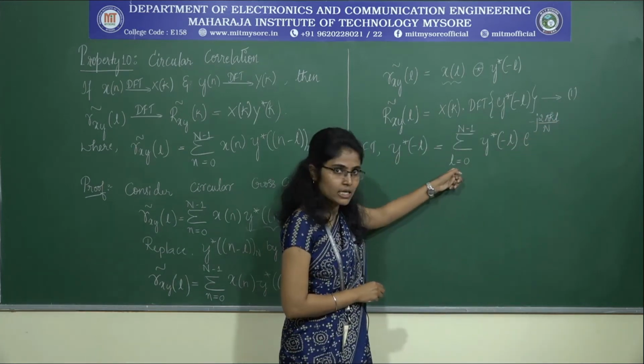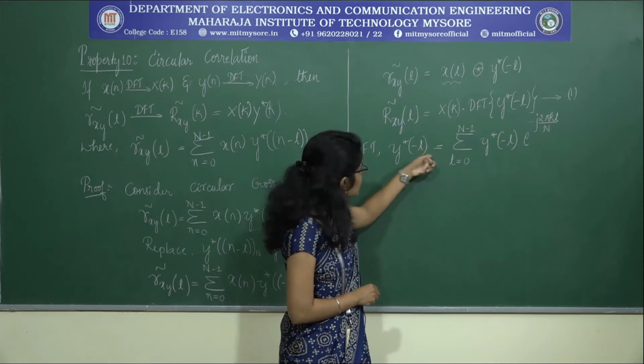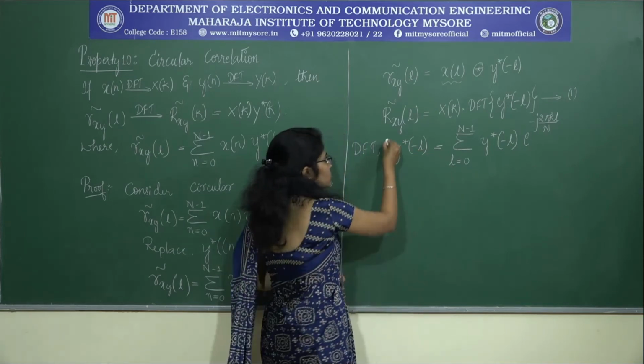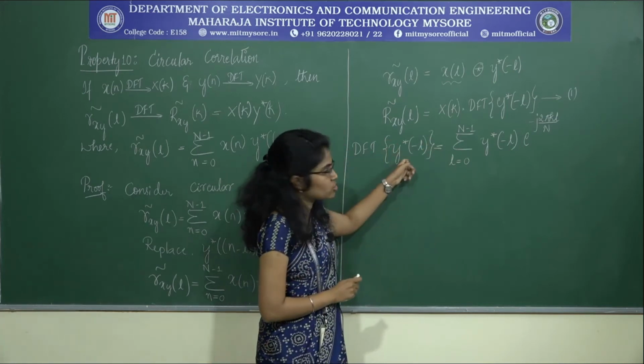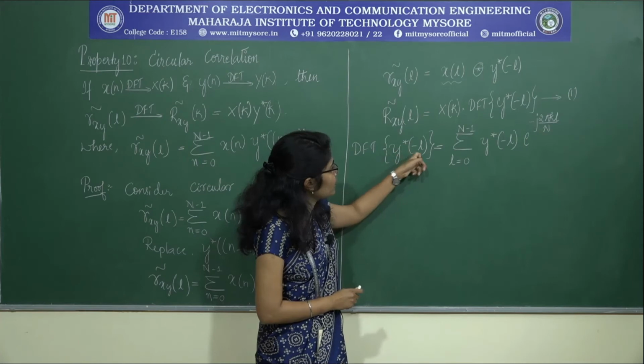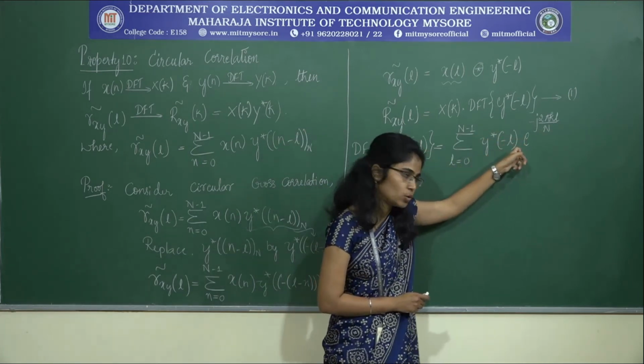Instead of n, since I had L, I have written it as L. Instead of x of n, so this is nothing but the DFT of this particular sequence. Instead of x of n, we have y conjugate of minus L.